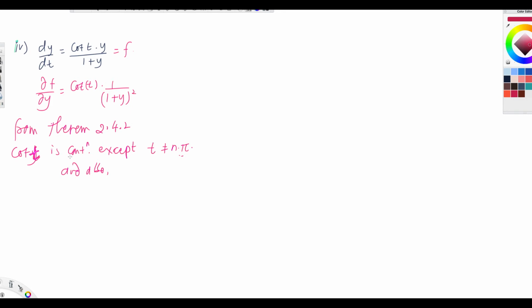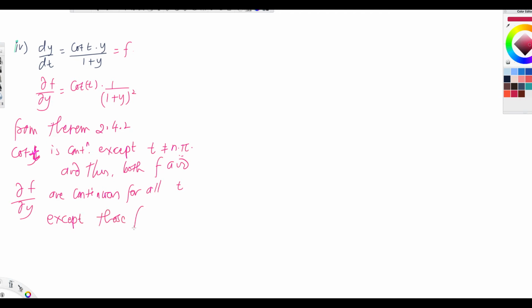And thus both f and del f over del y, that is the partial derivative of f with respect to y, are continuous for all t except those for which y equals -1, and t equals n pi, because I said except.